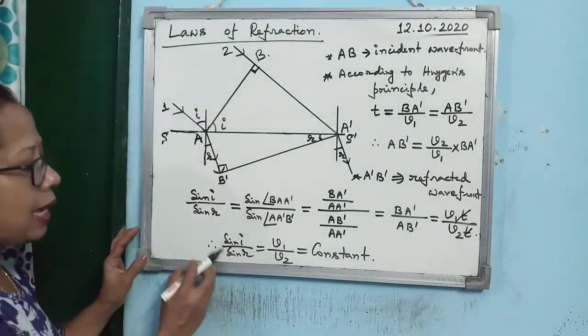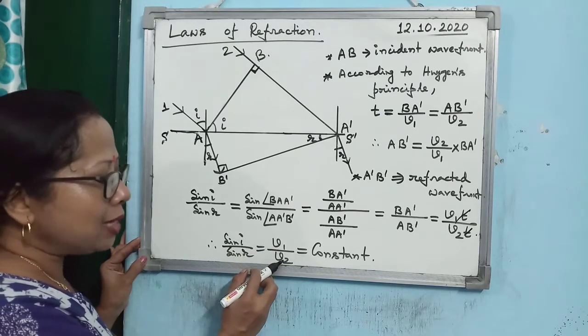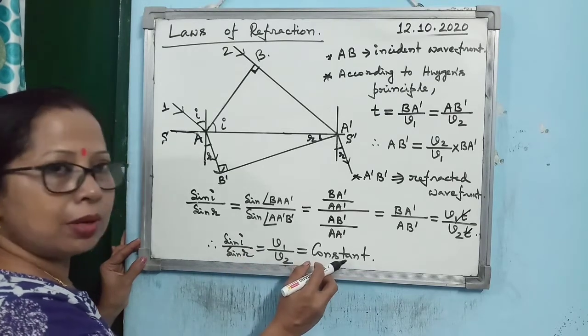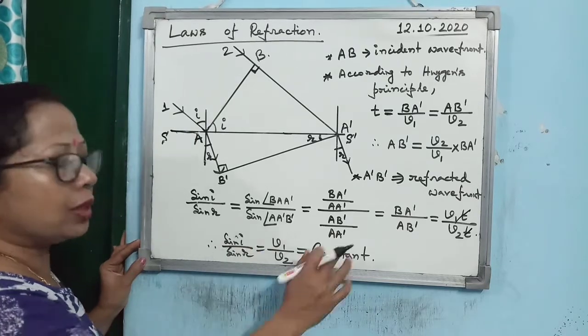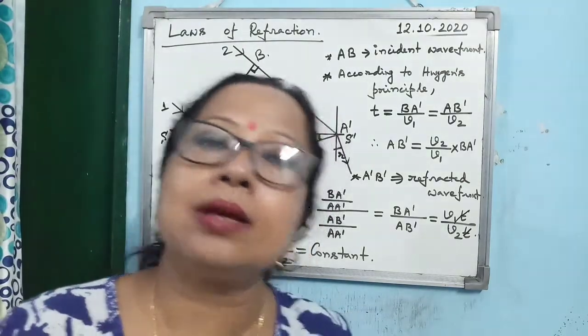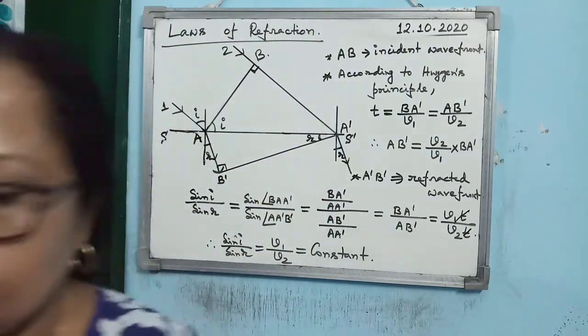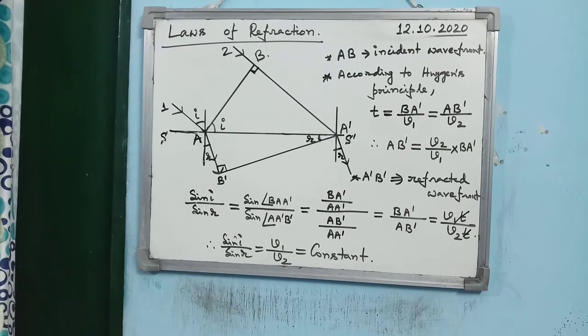So you are getting sin i by sin r is equal to the speed of light in the first medium by the speed of light in the second medium, which is constant. So sin i by sin r equals a constant, and you know that sin i by sin r constant is nothing but Snell's law. So this is the way one can prove Snell's law.